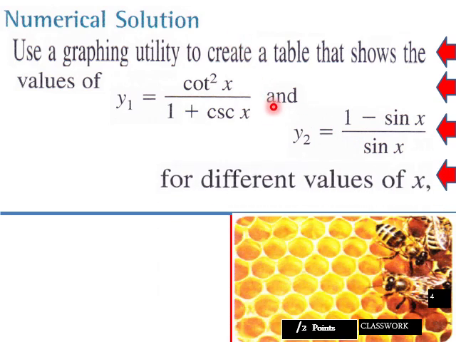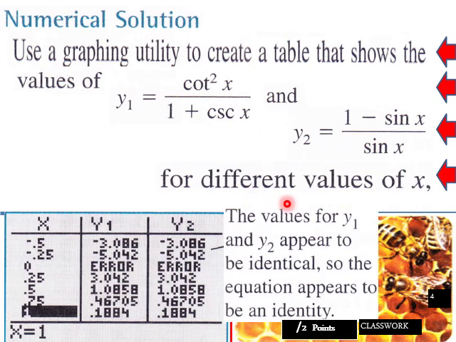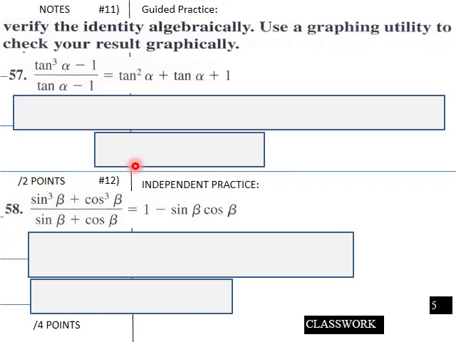If we put that into a graphing calculator for different values of x, here's the table for y1 and y2, and we get identical values. The values of y1 and y2 appear to be identical, so the equation appears to be an identity.